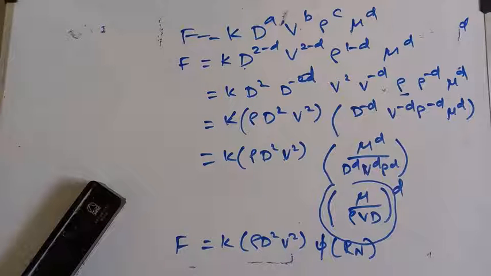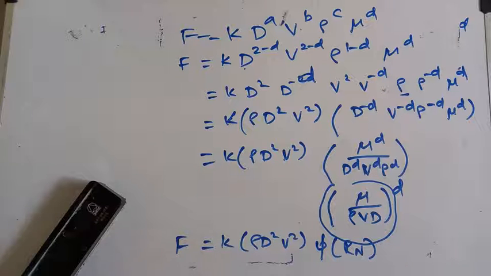So it's a basic problem which we can solve using Rayleigh's method. But one of the problems here is that four constants were available: small a, small b, small c, small d. But we had only three equations. This is one of the limitations in this Rayleigh's method.